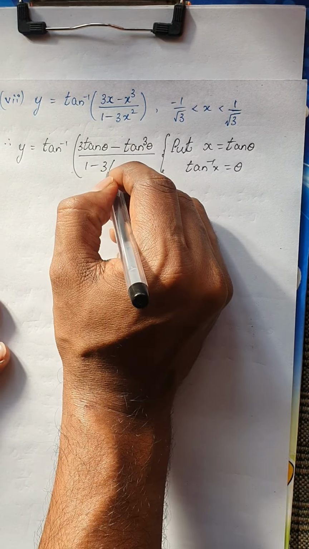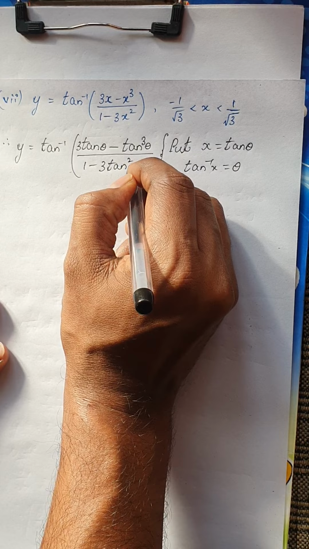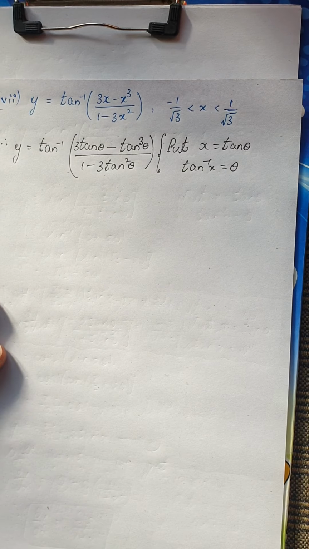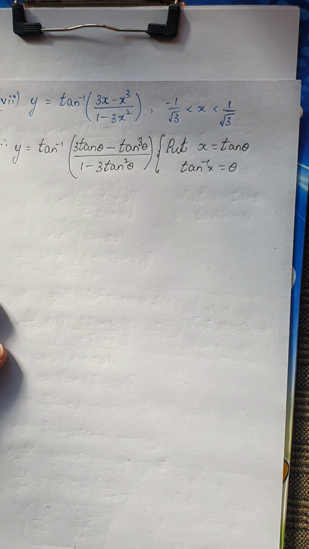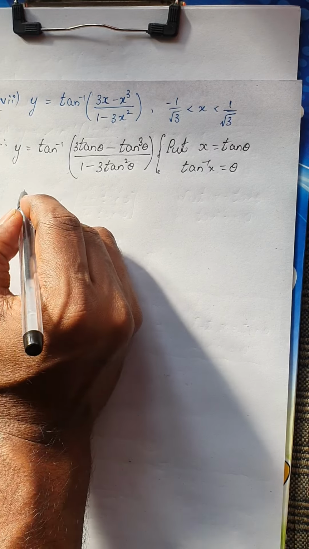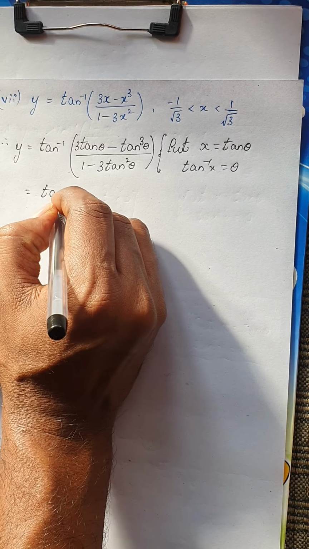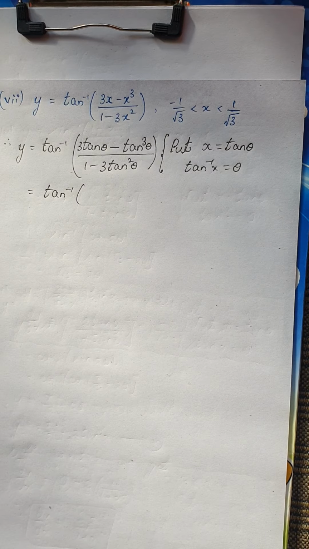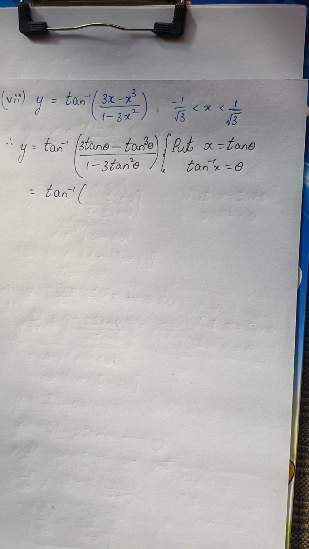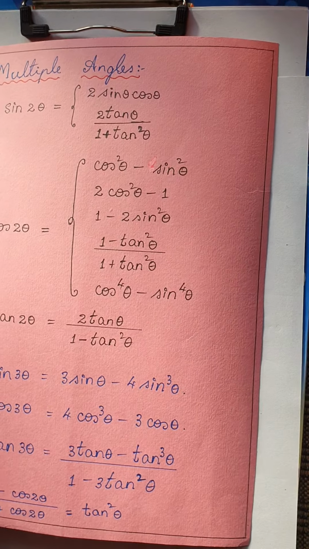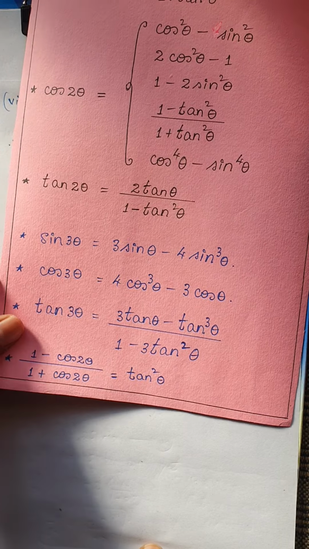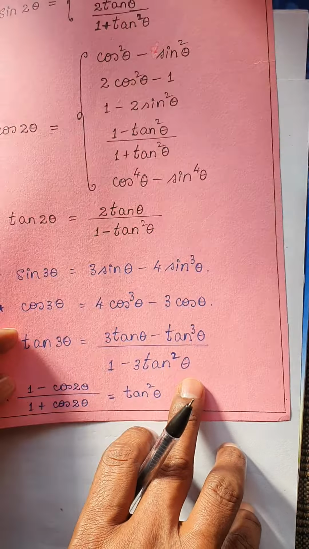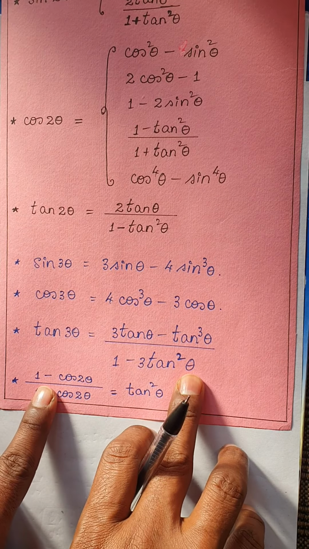What is x square? X square is tan square theta. So this will be my substitution. So this is nothing but tan inverse of 3 tan theta minus tan cube theta divided by 1 minus 3 tan square theta, a regular result which you should be thorough with.